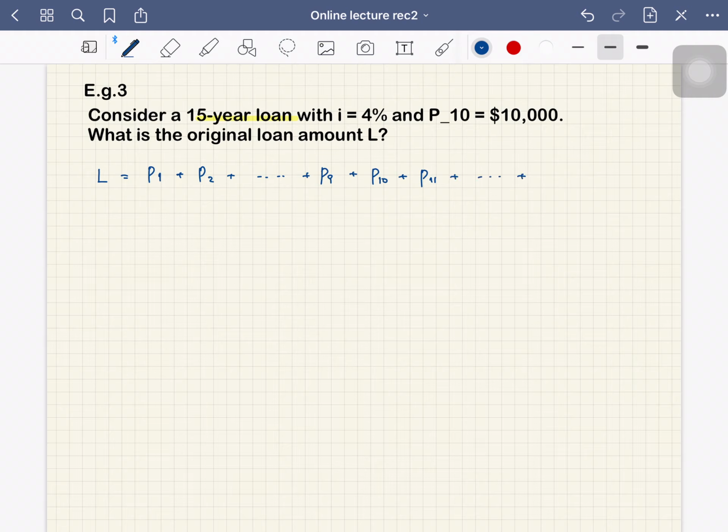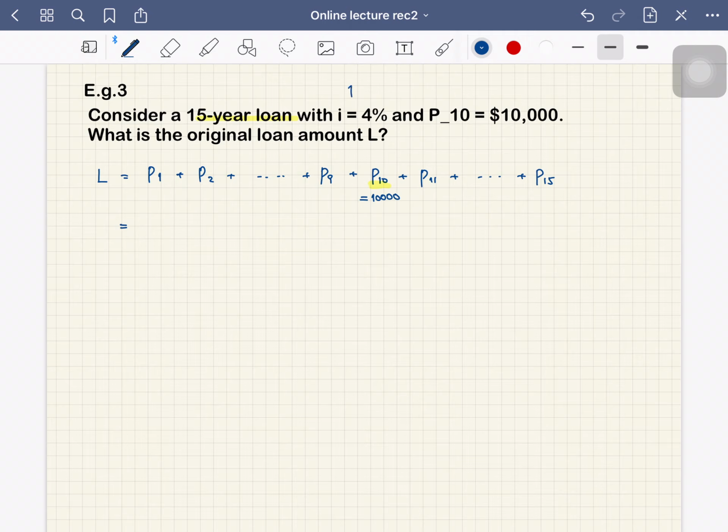Here P10 is known, so I just explicitly write the P10 and the P9 and the P11. So P10 is equal to 10,000. And you know that this principal repaid amount, the P sub t, grows at the rate of 1 plus i.